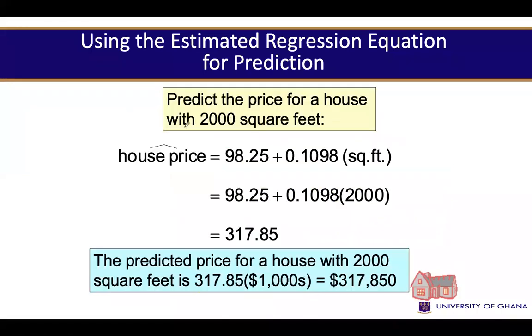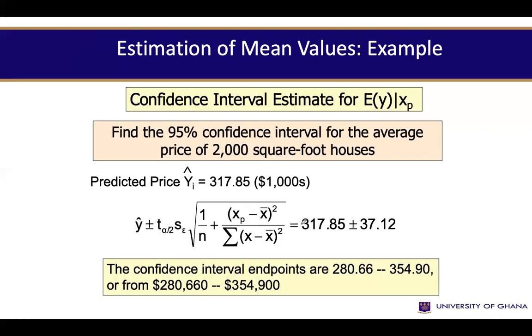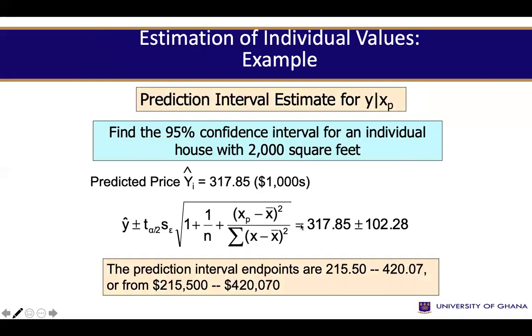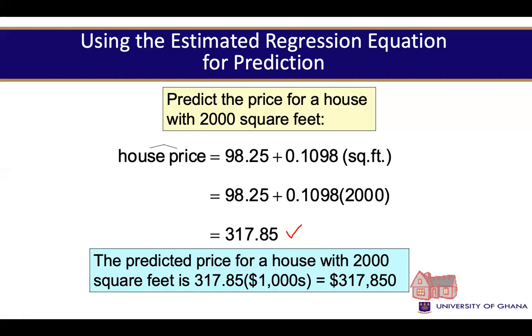So 98.25 plus 0.1098x, right? You put x to be 2,000 in there, and you'll be able to predict the house price. Remember that it's in thousands. So if the size of the house is 2,000 square feet, then your predicted house price is just about $317,000.